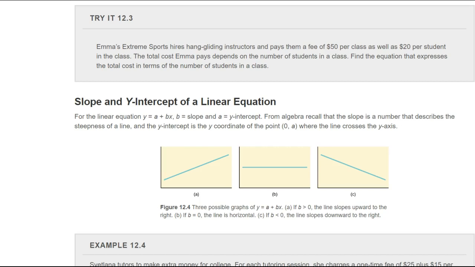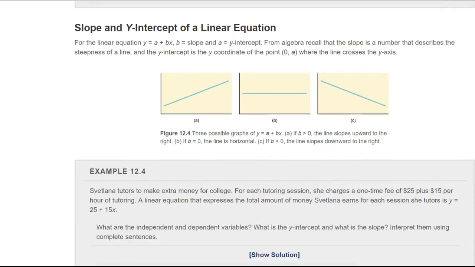Now, if we have a positive value for our slope, it is upward. If our slope equals 0, it is flat. And if our slope is negative, it is downward. Those are our three types of slopes that we're going to deal with in this area.